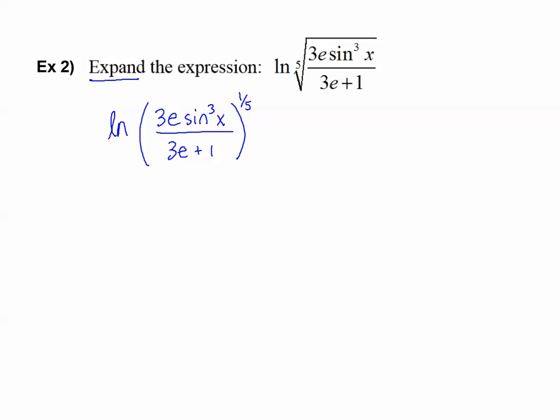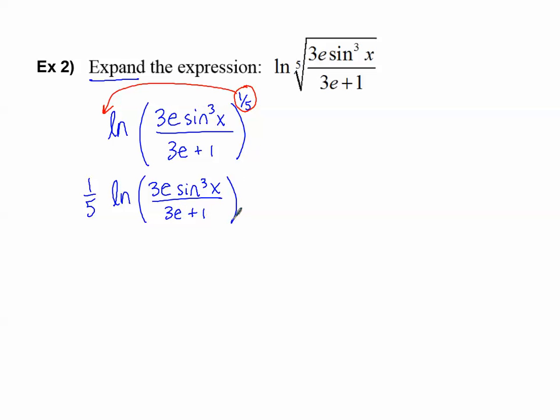Now my property of log with the exponent tells me I can move that exponent out to in front of the log. So I'm going to do that next. 1/5 times the natural log of the quotient 3e sine cubed x over 3e plus 1. Now because this is a quotient, I can split it up with subtraction.